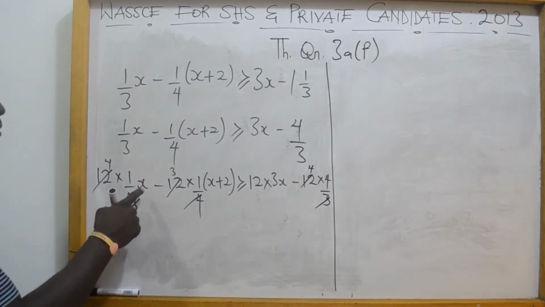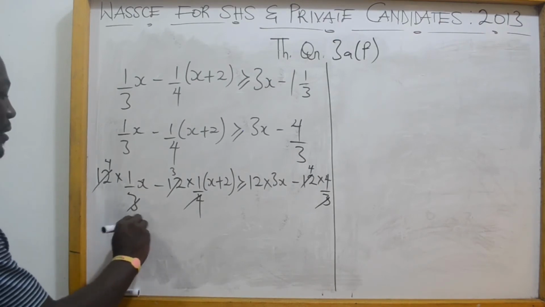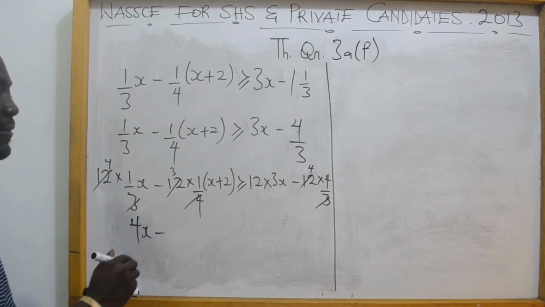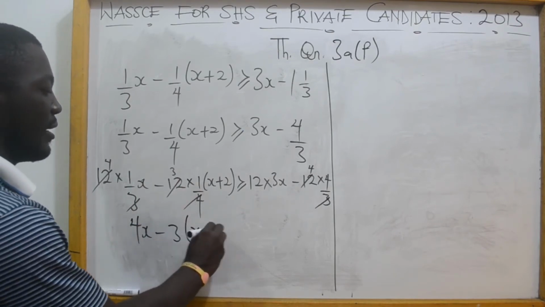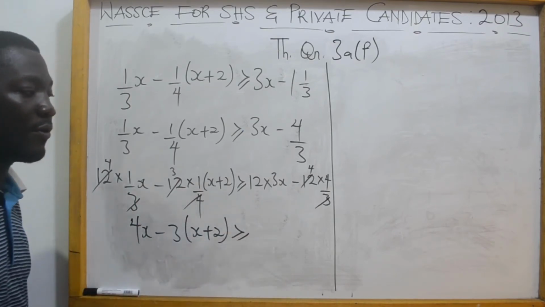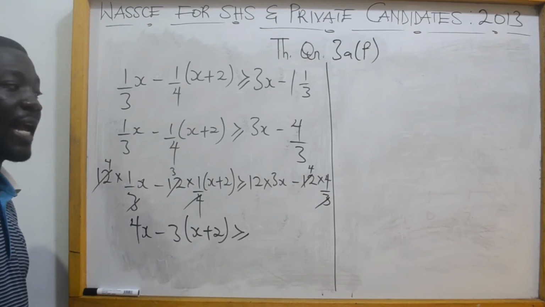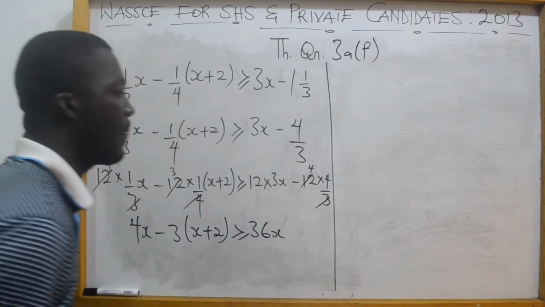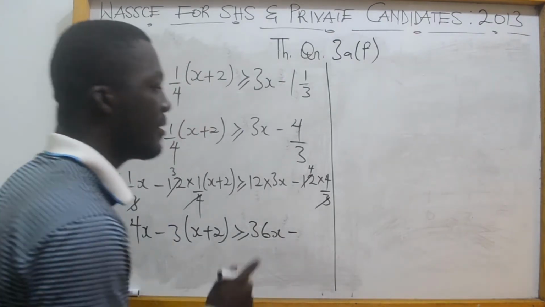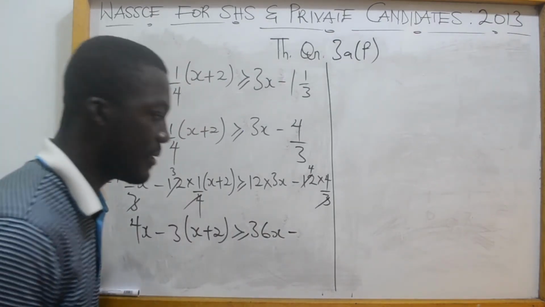So 4 times 1x is 4x, minus 3 times 1 is 3. So 3 into bracket x plus 2 greater or equal to 12 times 3x is 36x. Then minus 4 times 4 is 16.